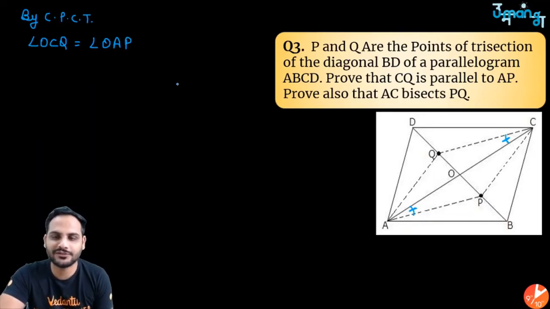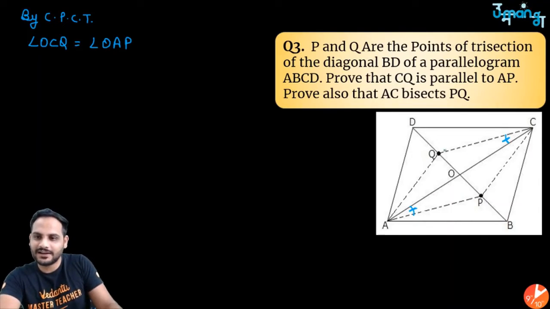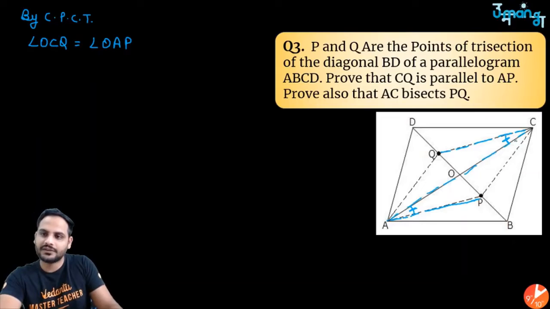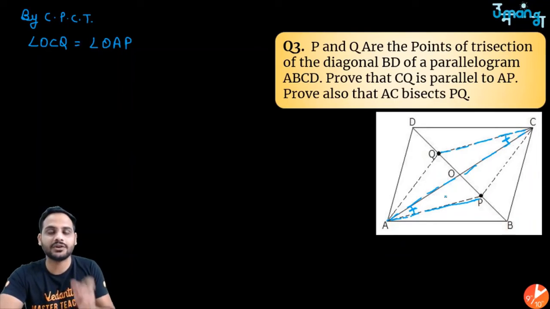अब देखो, if I consider two lines, one is CQ and one is AP, and if I consider this AC as my transversal, so they are forming a pair of interior alternate angles.